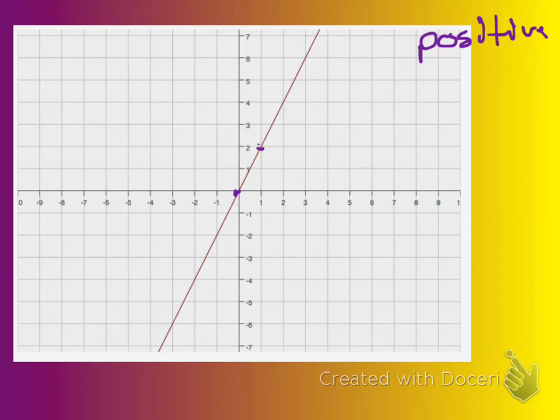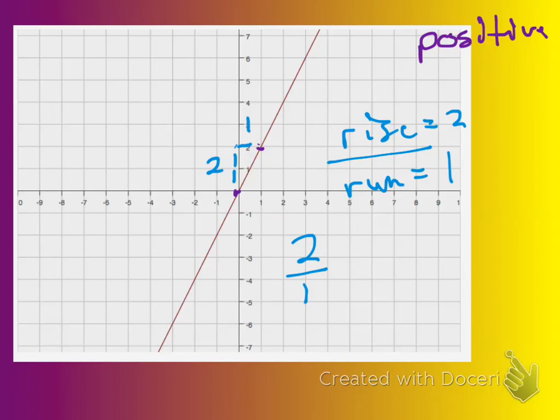So if I calculate my rise, my rise is 2, my run is 1. I'm left with 2 over 1, which simplifies down to a slope of 2.